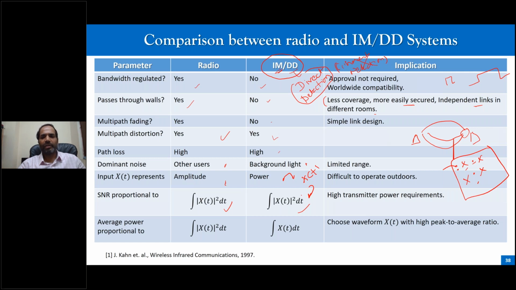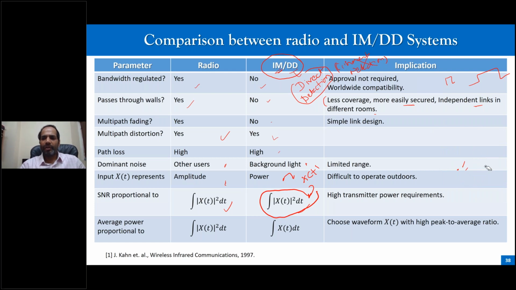What is its implication? Because my power is xt and my signal to noise ratio is this, that means my transmitter power requirements would be higher. Why is that? For example, let us assume that the attenuation in my channel is 10 dB in both radio and optical.